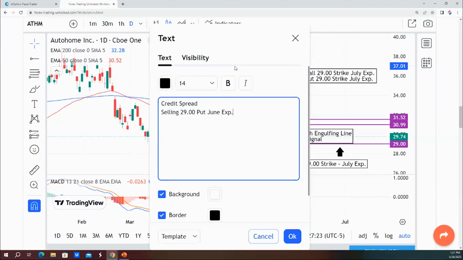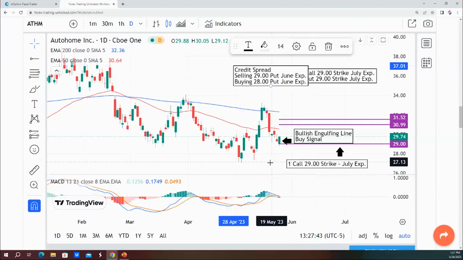Remember, that's less than 45 days. And then we would be buying the $28 put with a June expiration. So even though you're writing an option here, you're also covering yourself by buying an option.